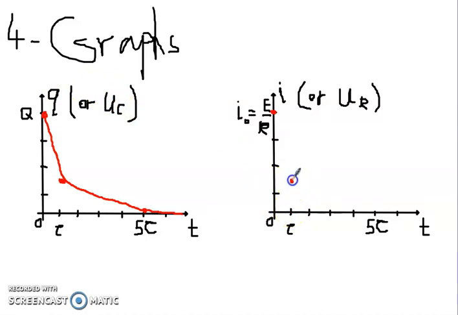Here it is. 5 tau, the current practically 0. So decreases exponentially. Clear? This is a true one. Okay, you can erase this part. Sorry.